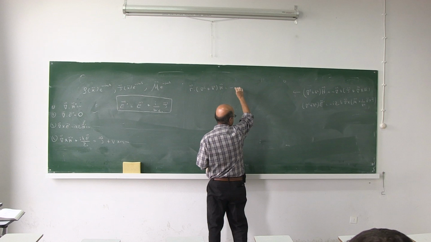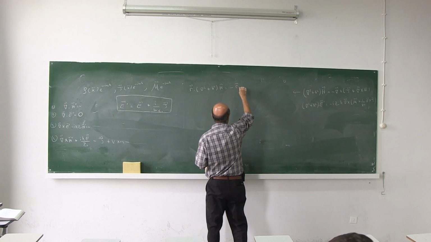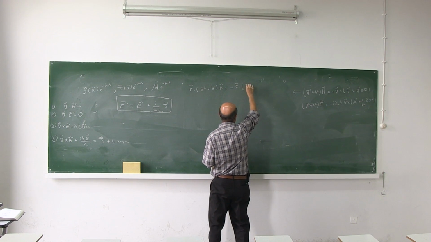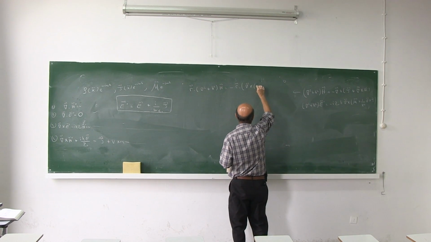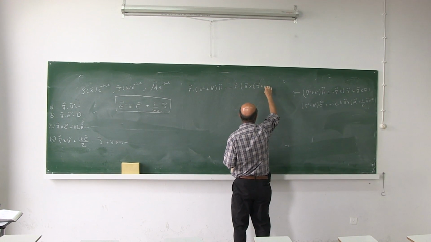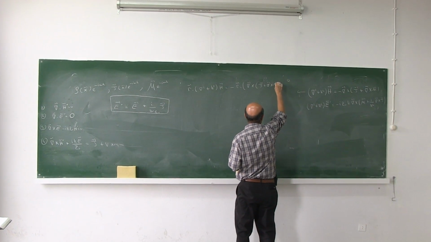So that should be minus R dot curl of current density plus curl of magnetization.